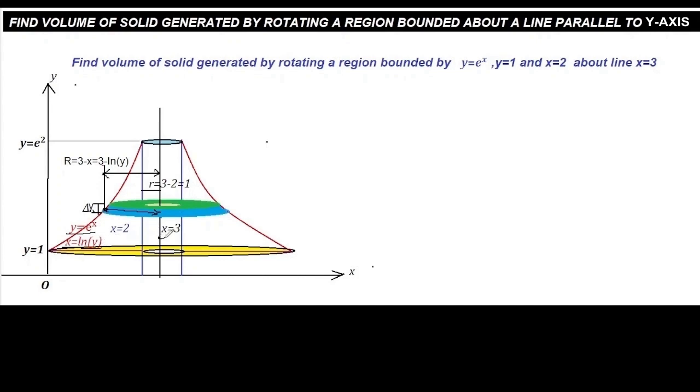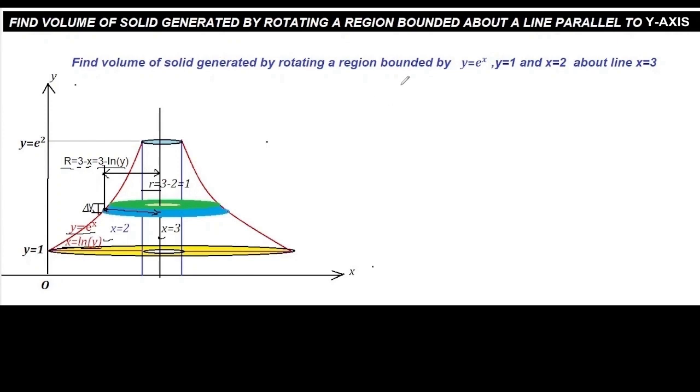And this line has x equal to 3. So the outer radius capital R is equal to 3 minus x. And what is x? x is from the curve y equal to e to the power x. As x is ln y, the outer radius of the disk is 3 minus ln y.